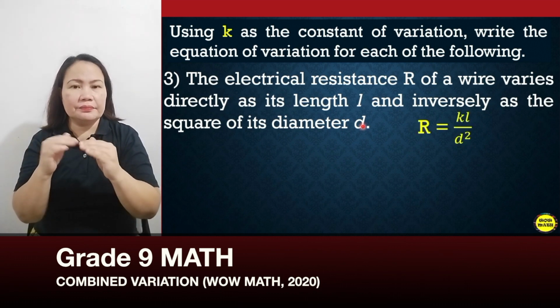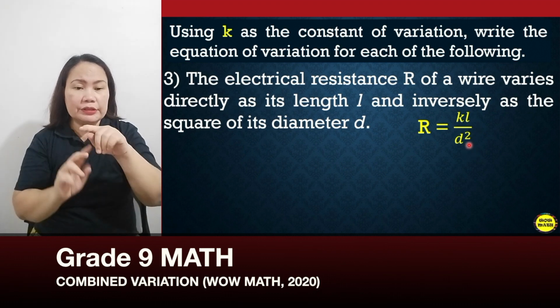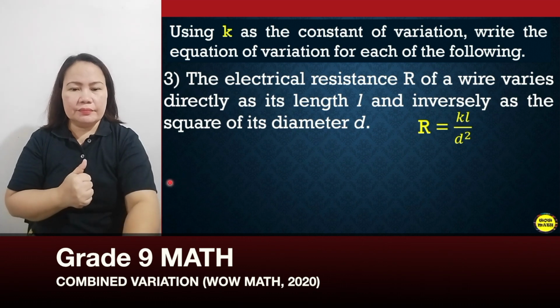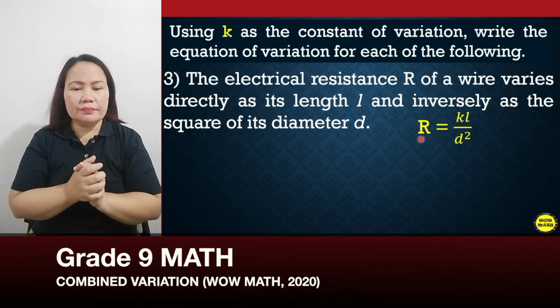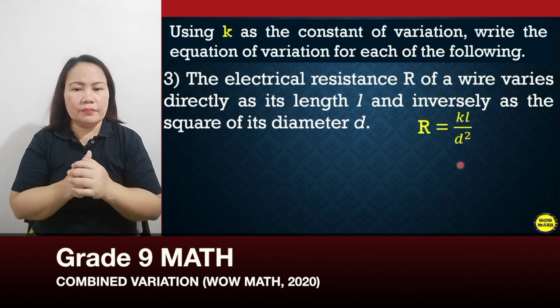So R is equal to KL over D squared. For example number 3, the equation of variation is R equals KL over D squared.